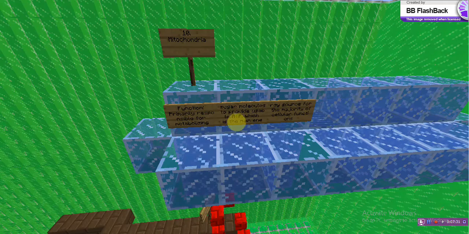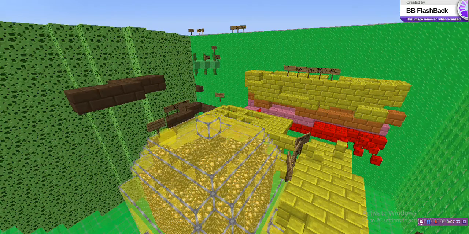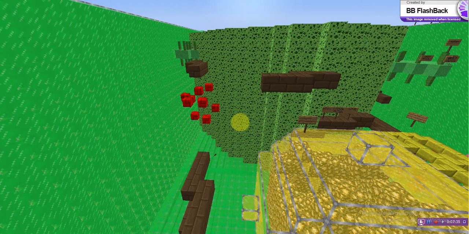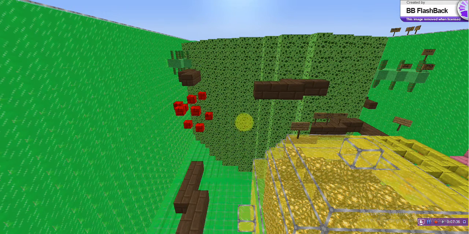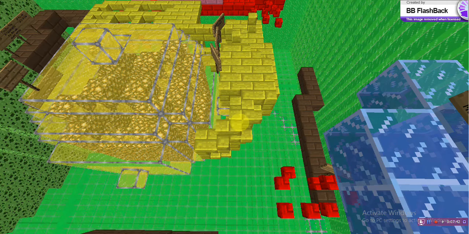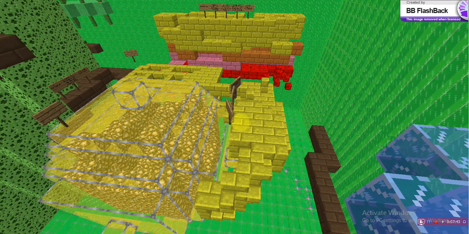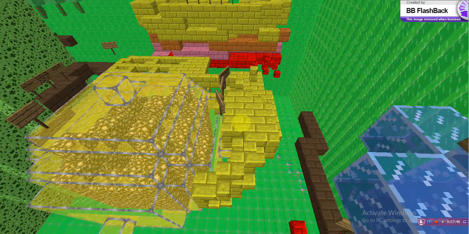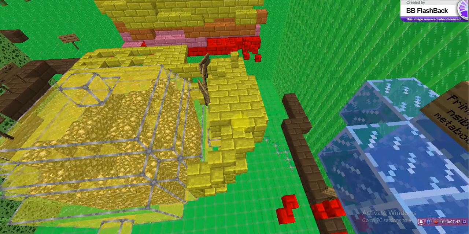So that means it's taking the sugars that are created by the chloroplasts and metabolizing them into a usable source of energy for the smooth endoplasmic reticulum, the Golgi complex, the ribosomes.